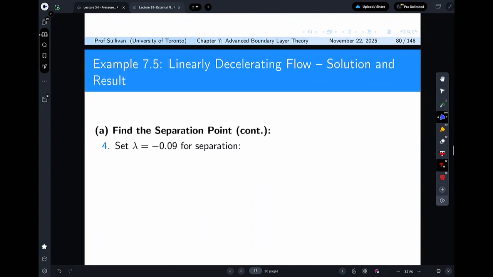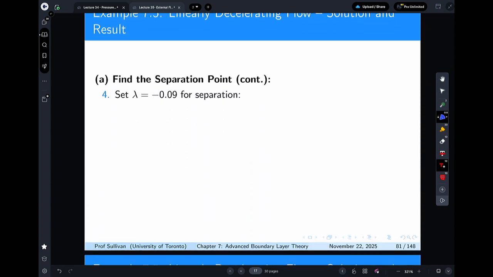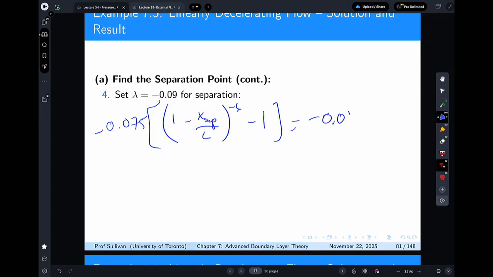So if we know that lambda is equal to negative 0.09, we can say 1 minus x separation over L to the minus 6, minus 1, times 0.075 negative equals negative 0.09.